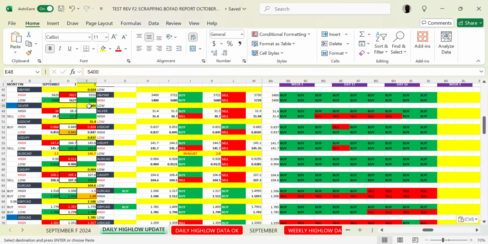So when the price was 5781, you can see that the market is showing us to sell at 5781. What is it telling us at 5677? At 5677, you can see that it's telling us to buy.